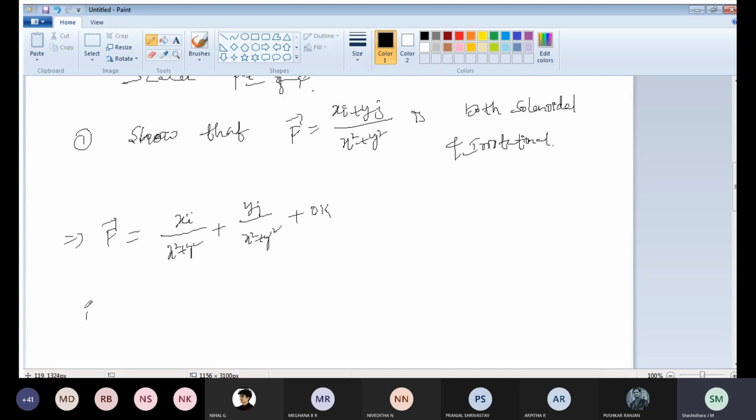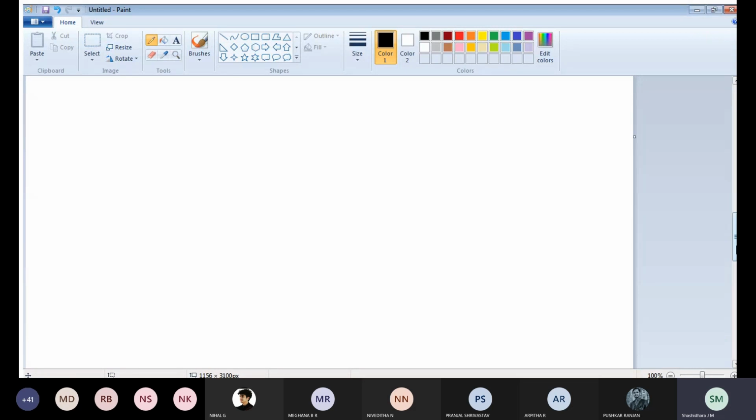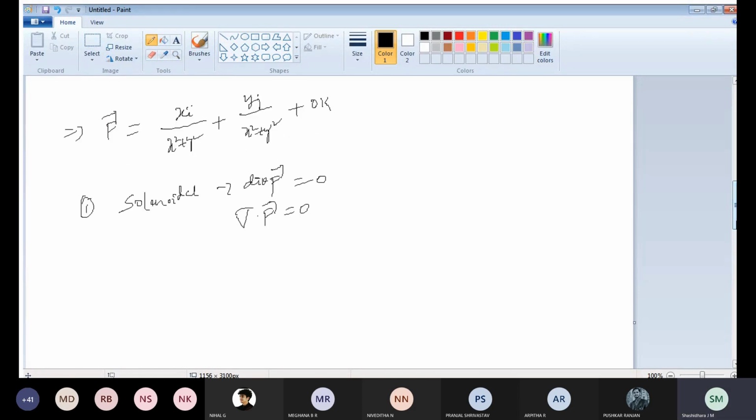Then divergence, first one, solenoidal. Solenoidal means divergence of vector f equal to 0, nothing but del dot vector f equal to 0. So let us simplify the left hand side term. What is del?